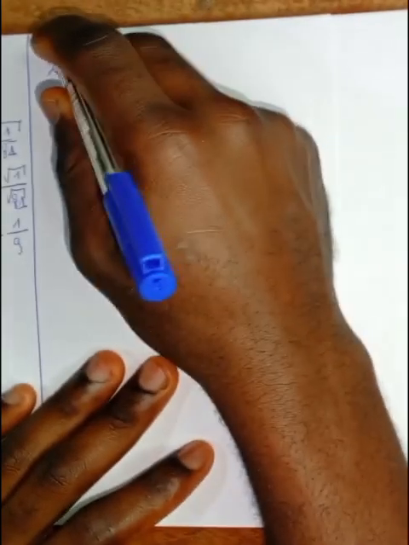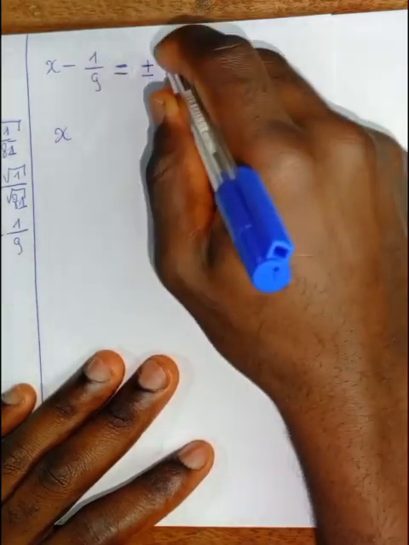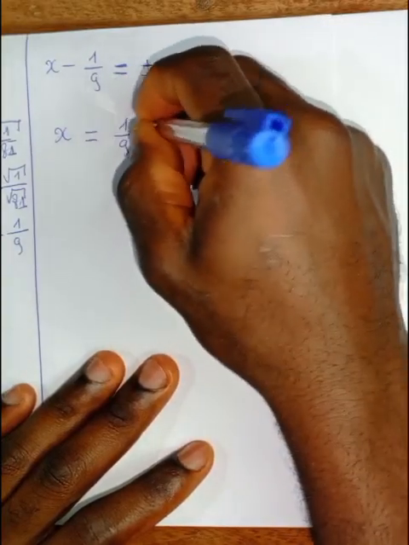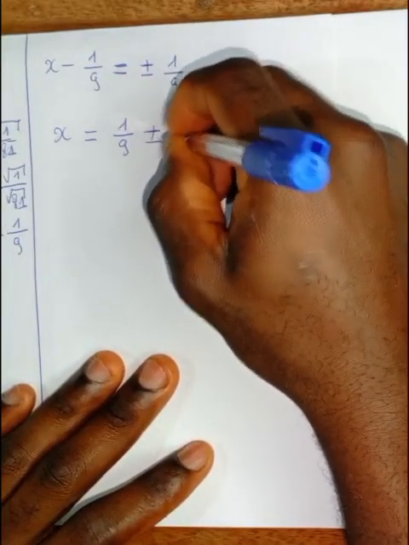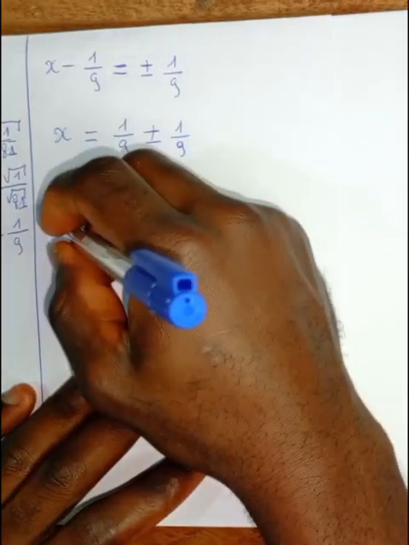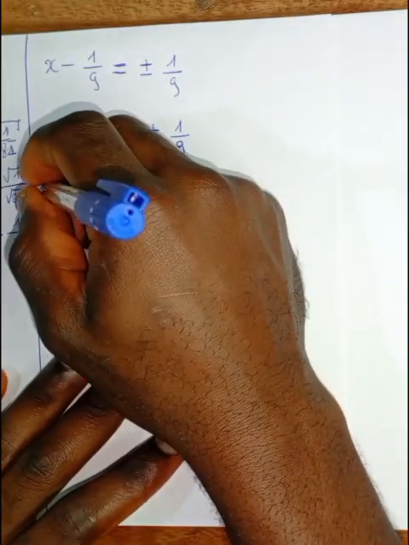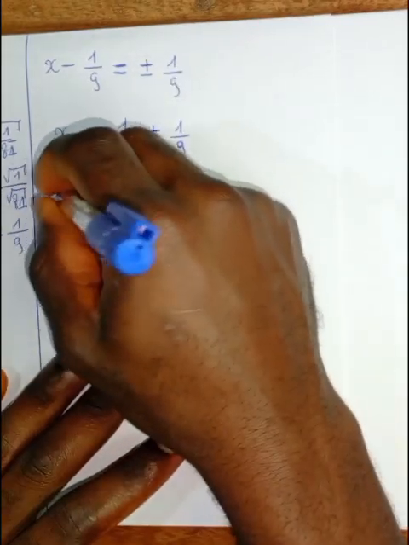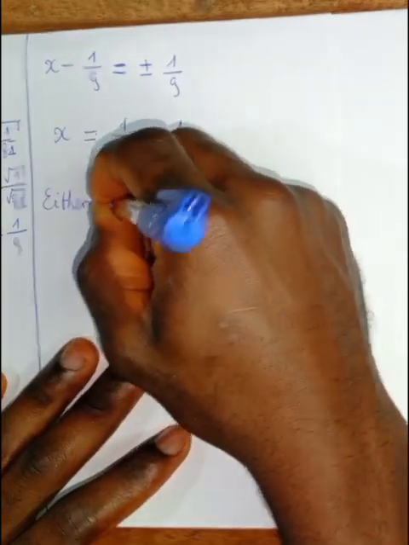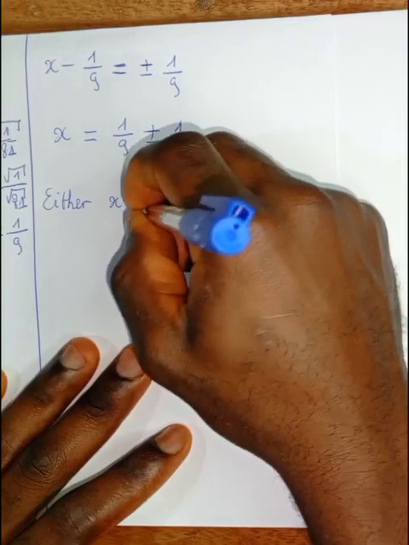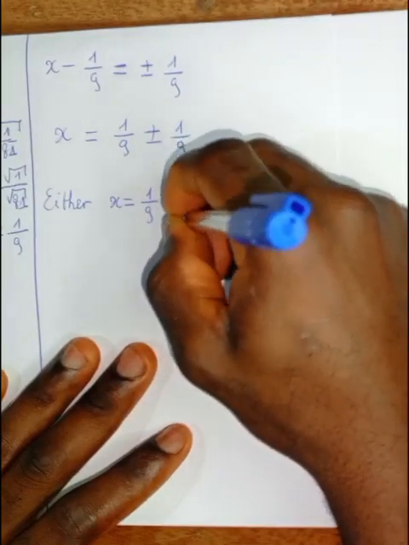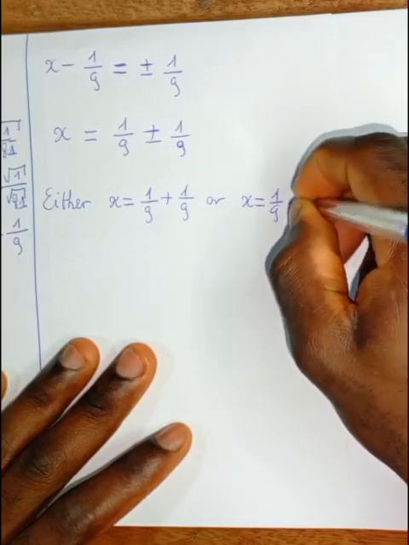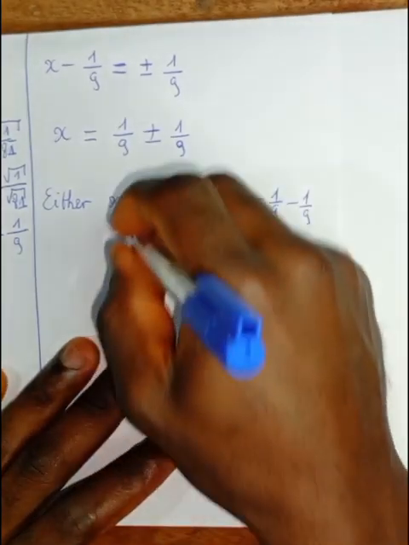Next, we are going to transfer negative 1 over 9 at the left hand side to the right hand side. This will be equal to 1 over 9 plus or minus 1 over 9. At this level, since we cannot be working with plus and minus at the same time, we are going to say either x is equal to 1 over 9 plus 1 over 9 or x is equal to 1 over 9 minus 1 over 9.